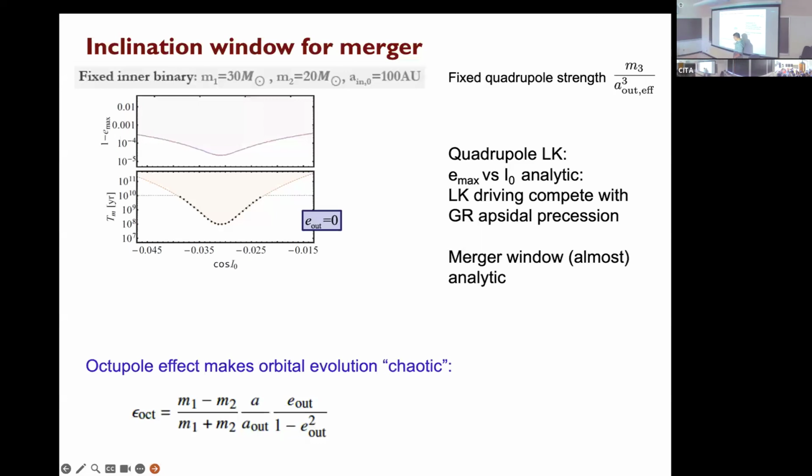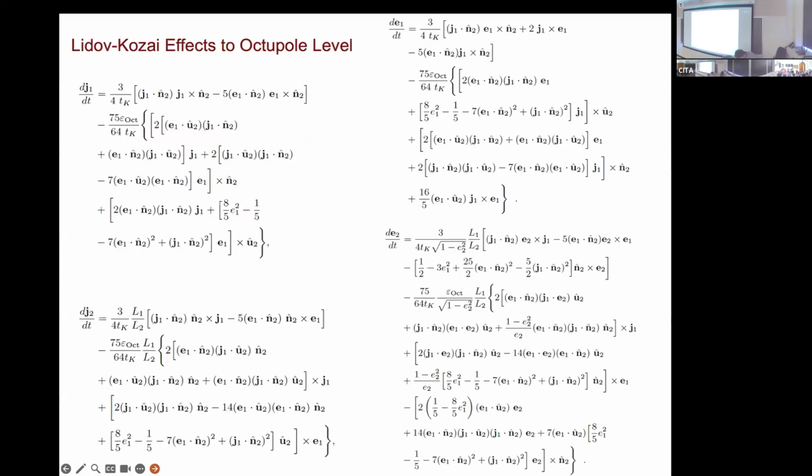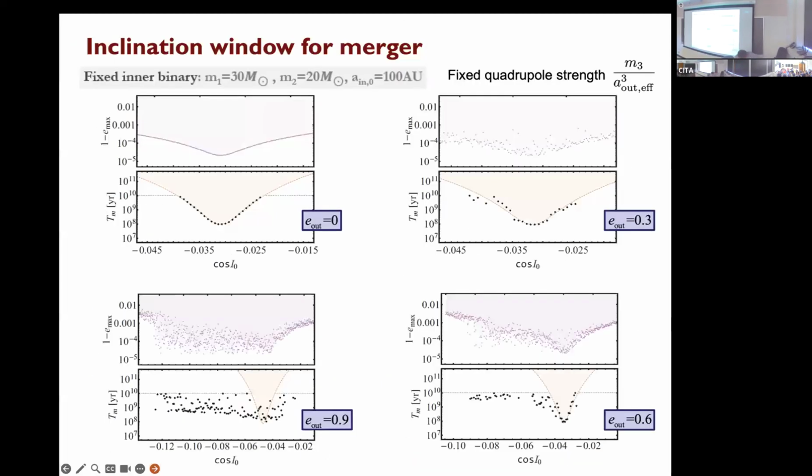It also depends on the eccentricity of the outer orbit and on the mass differences between the two orbits. If you have sufficient octupole, it can play an important role and change the character of the Lidov-Kozai oscillation, making the evolution chaotic. And you cannot solve it analytically; you actually have to integrate it.